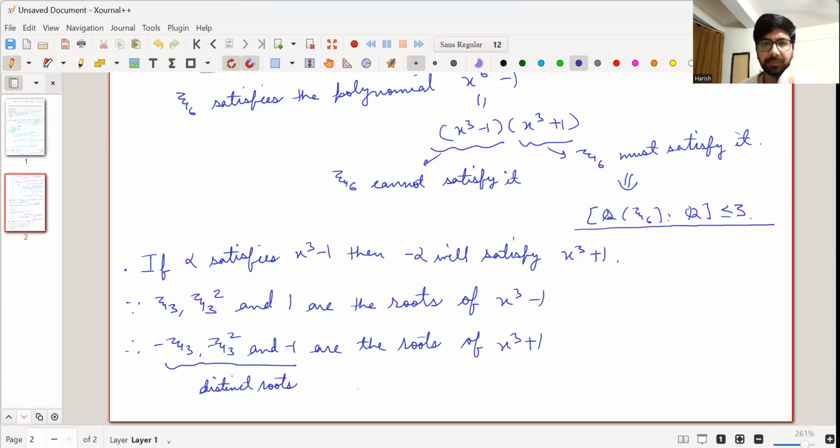So this implies x cube plus 1 is actually x plus 1, x plus zeta 3 and x plus zeta 3 square.